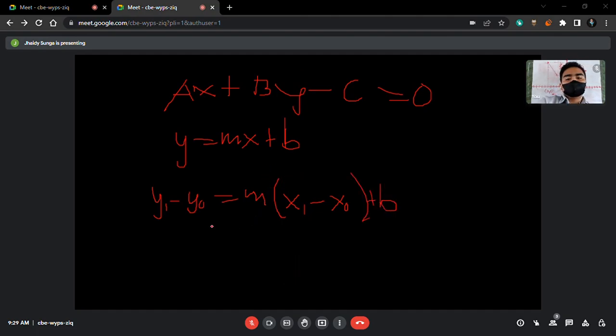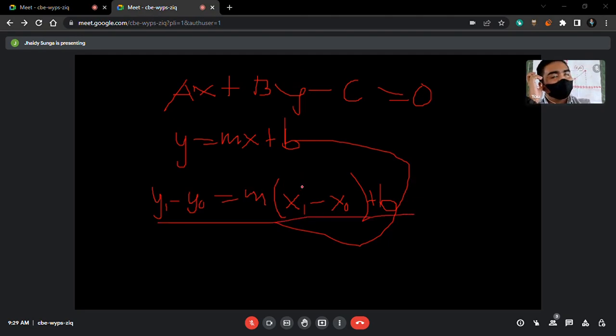So it's just like the slope intercept form. This is what you call point intercept form.